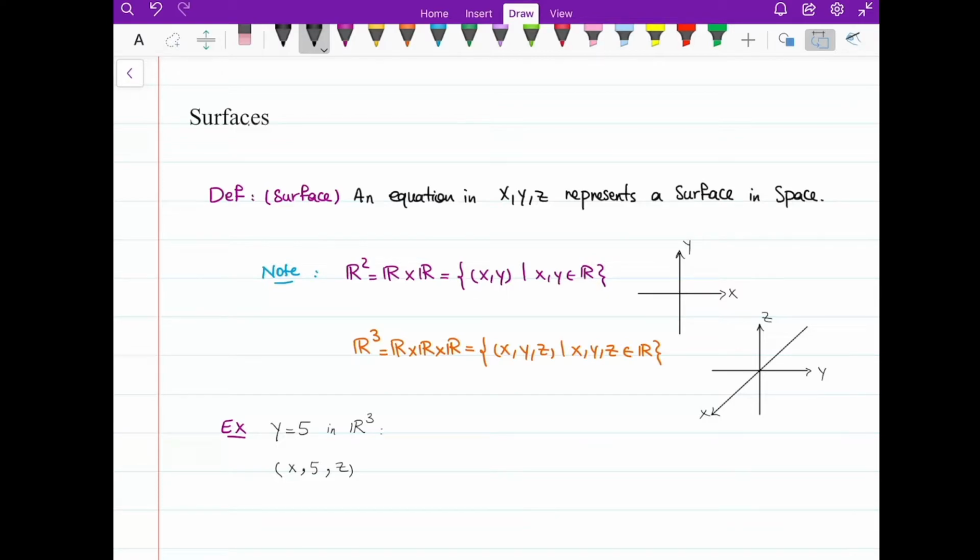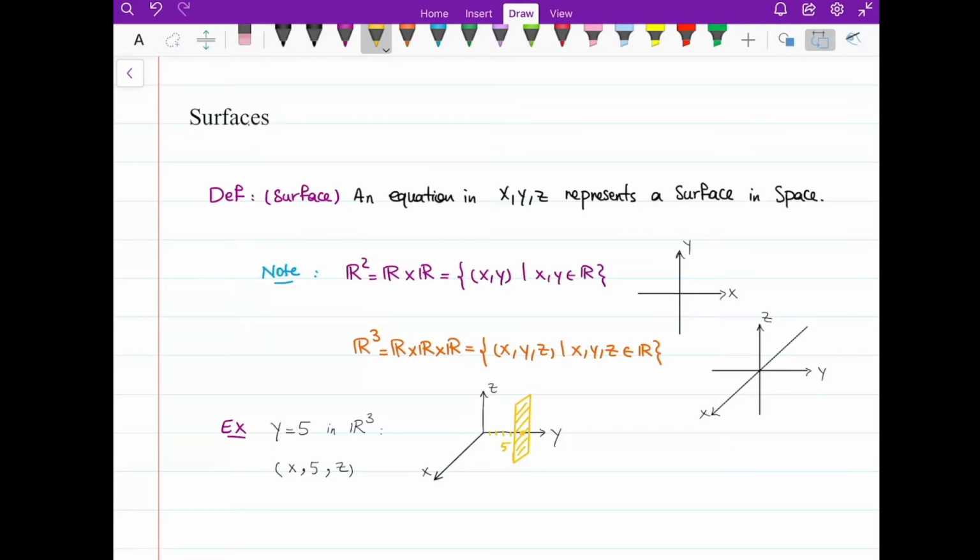So if I want to graph it, this is x-axis, this is y-axis, and then this is z-axis. The set of all the points with y equals 5, but x and z can be any numbers, would be a plane exactly at y equals 5.